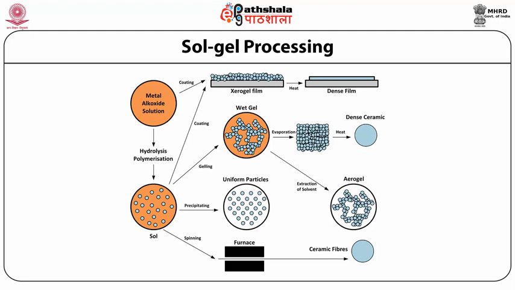The precursor sol can be either deposited on a substrate by spinning, precipitating, and gelling into a wet gel and then coating.